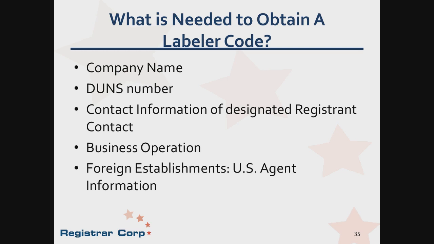The labeler code assignment is sent by email to the registering contact. Once that number is received, it is important that the labeler code request SPL is updated with that information. FDA will not update its database with this information. Therefore, a common error that occurs is that the labeler code is not in the system when a listing is submitted.